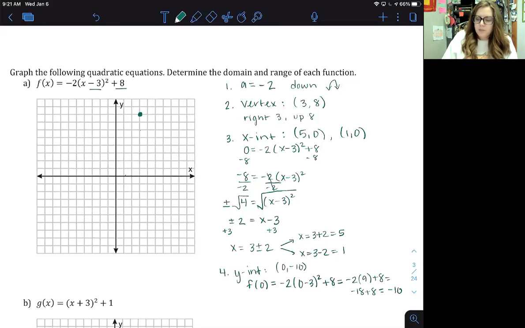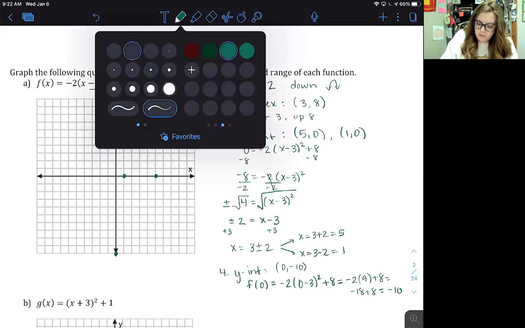So I'm going to go ahead and plot these points. So we have our vertex already graphed. We have our x-intercepts at 1 and at 5. And then our y-intercept at negative 10. Okay. I'm going to add in one more thing.